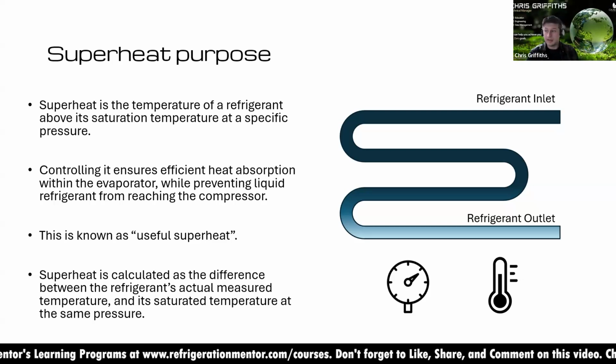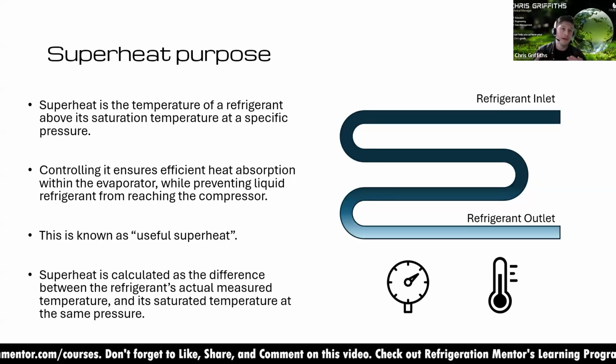With electronic expansion valves, we have a probe and a transducer to measure the pressure, and then we need a controller which converts those signals into an actual process to drive open or close our expansion valve.